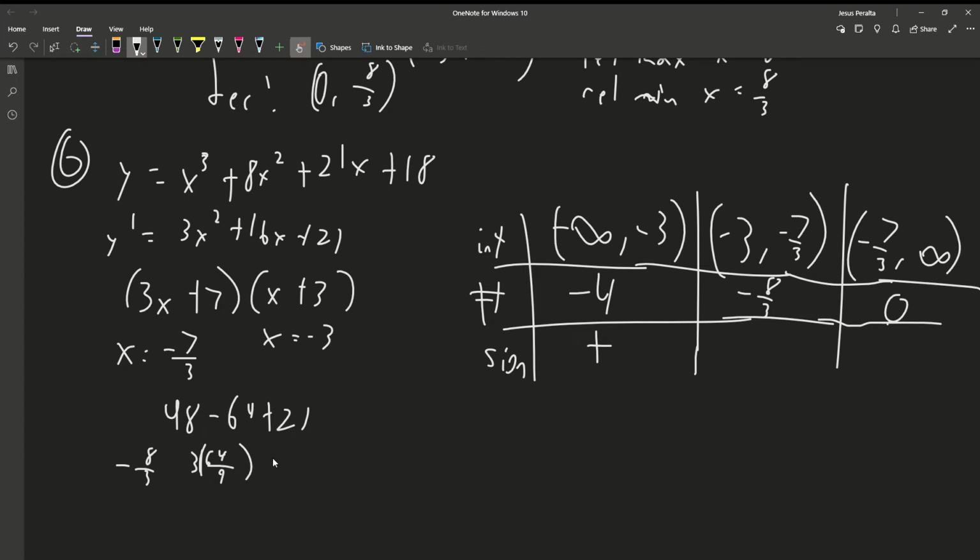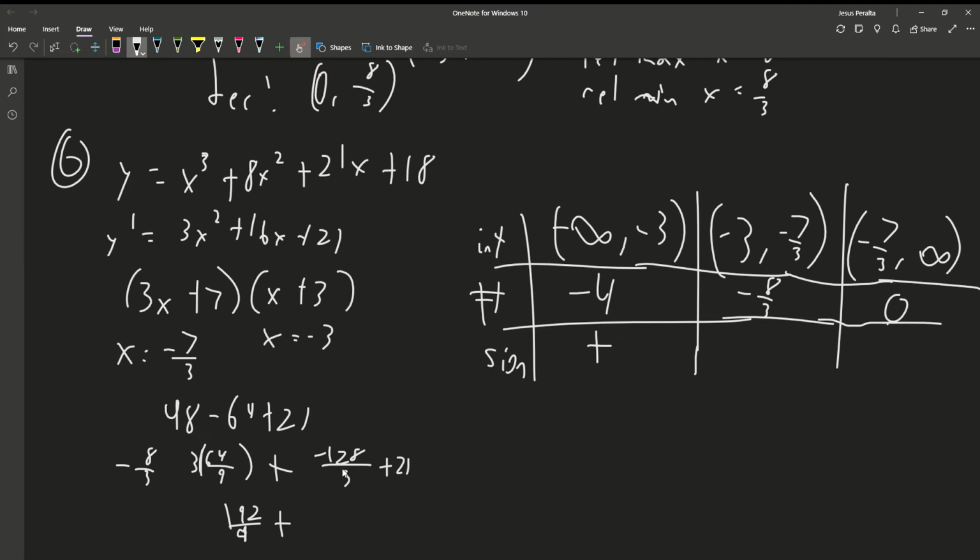Then plus 16 times negative 8, which is negative 128 over 3, plus 21. Then to simplify, we want the least common denominator.